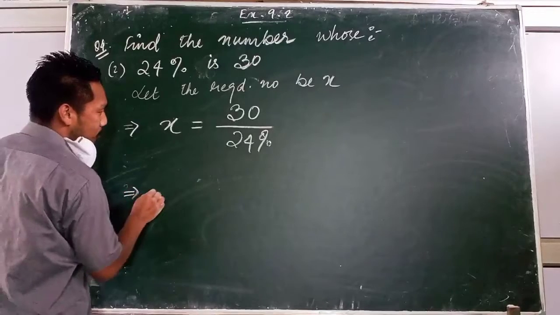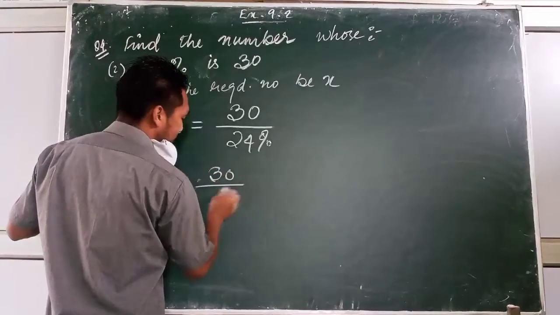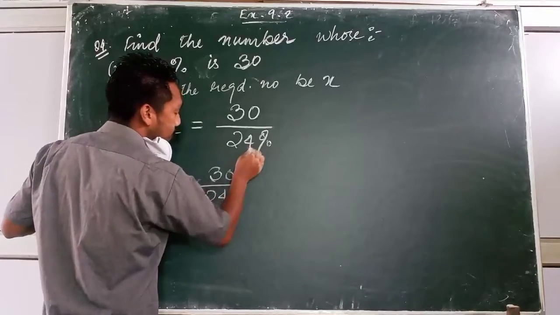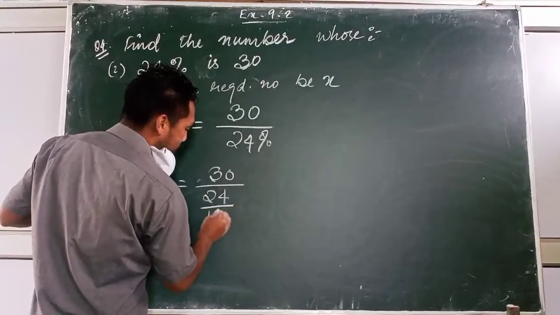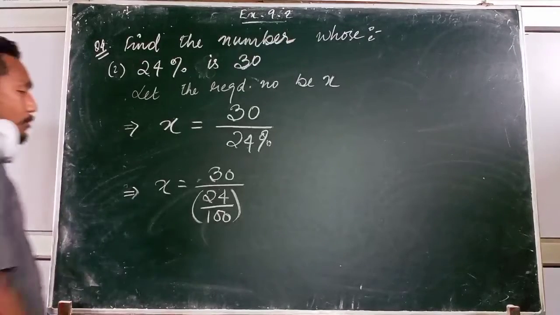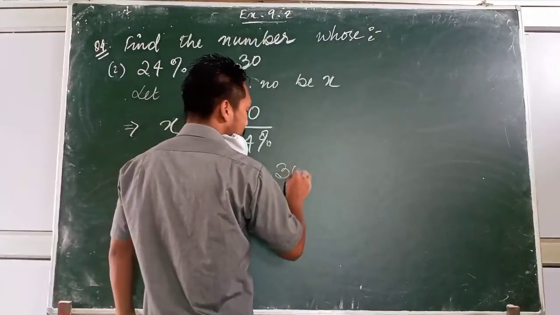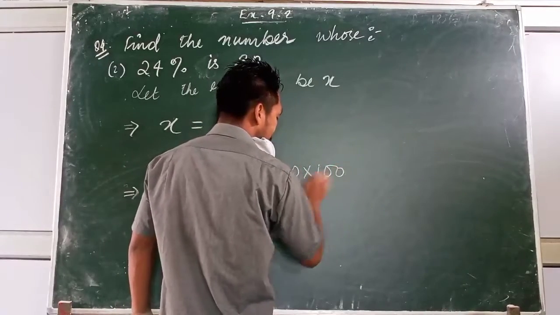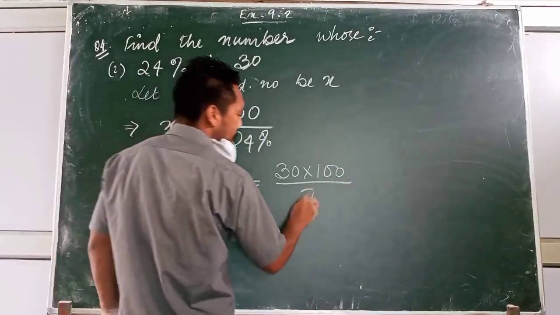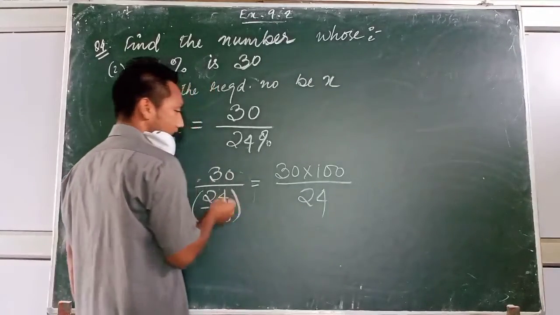So if I calculate this one, x will be equal to 30 divided by 24. We have a percent, so it will be divided by 24. That means 100 will go up, 30 into 100 goes up, divided by 24, so it will remain downside. This 100 will go up and multiply with 30.